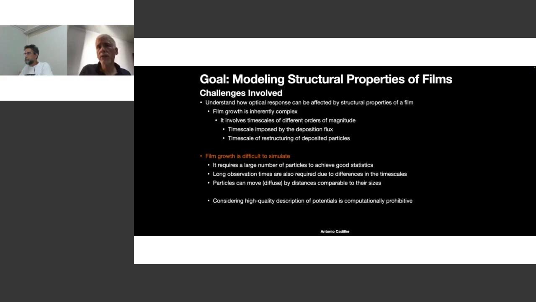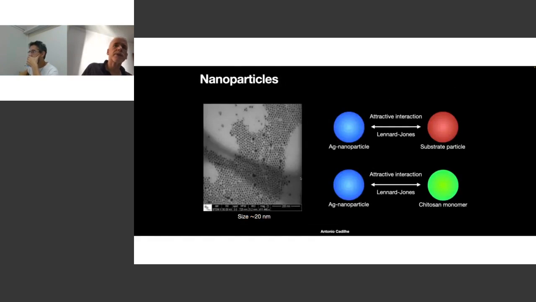Particles also have to move by distances comparable to their sizes. So any attempt to have a high quality description of the potentials is basically computationally prohibitive, and therefore we have to think of effective representations.